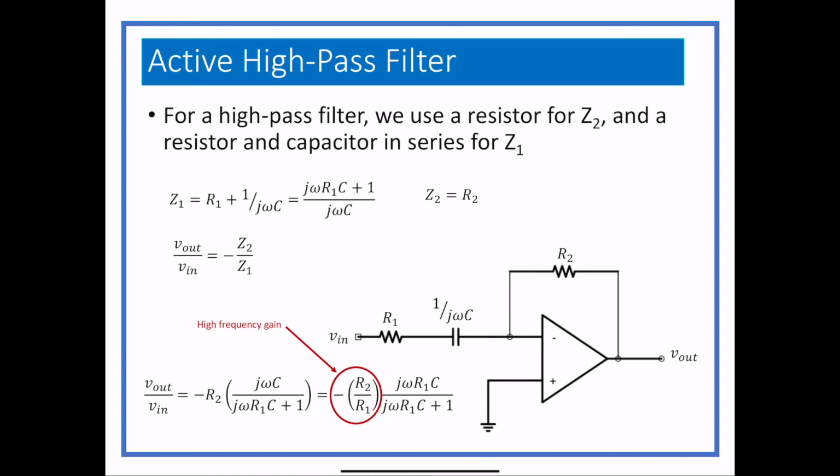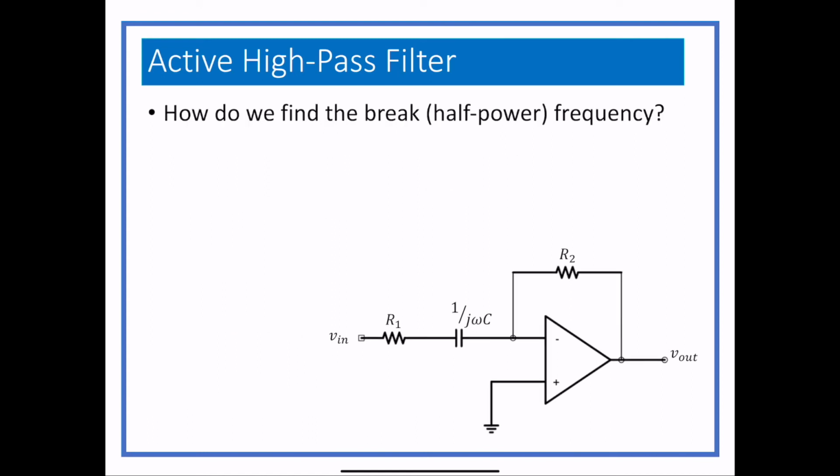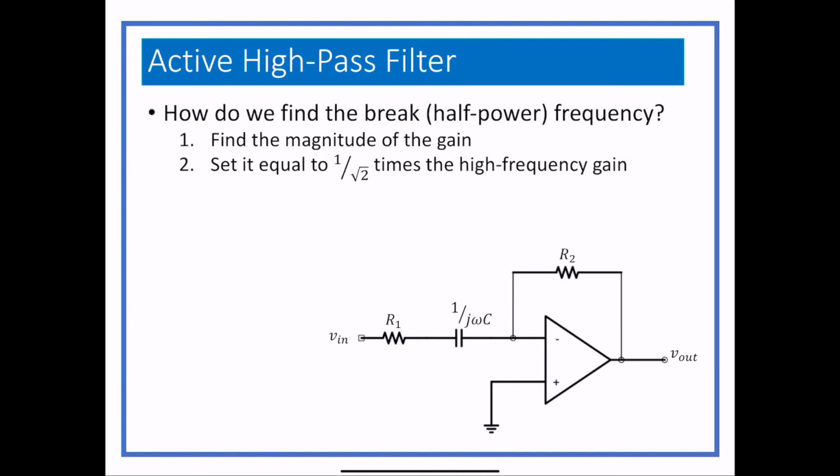We do the same process to find the break frequency. We find the magnitude of the gain, set it equal to 1 over square root of 2 times the high frequency gain. And when we do that, we can again get rid of R2 over R1. And now the results look similar.